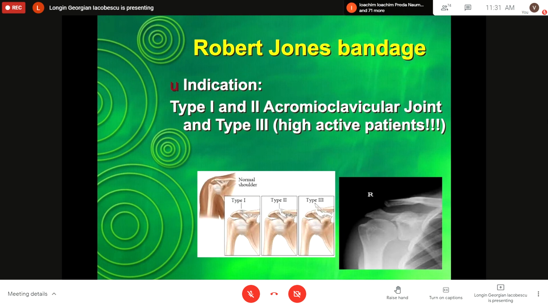Type 2 usually means that the acromioclavicular ligaments are split, but the coracoclavicular ligaments are in good shape. In type 3, unfortunately, the acromioclavicular ligaments are split, and the two coracoclavicular ligaments are also split. So you have to memorize that the Robert Jones bandage is used for type 1 and type 2 acromioclavicular joint injuries.